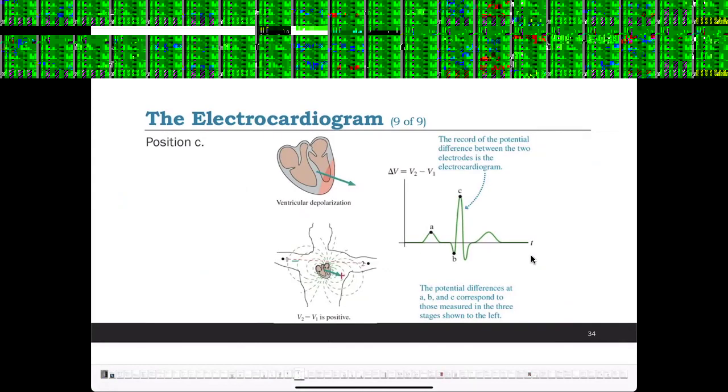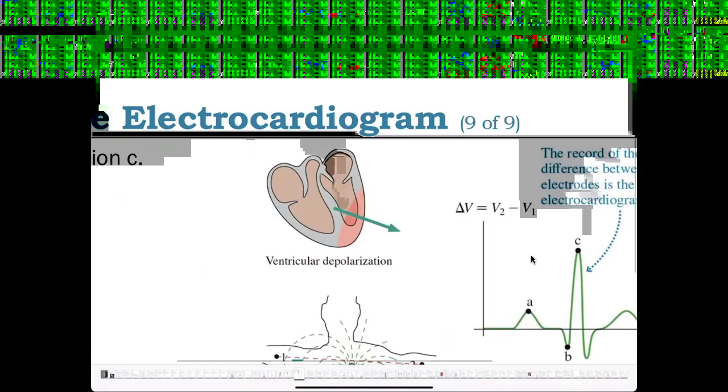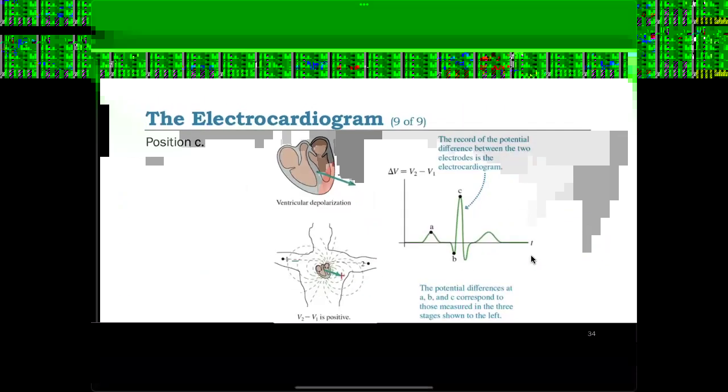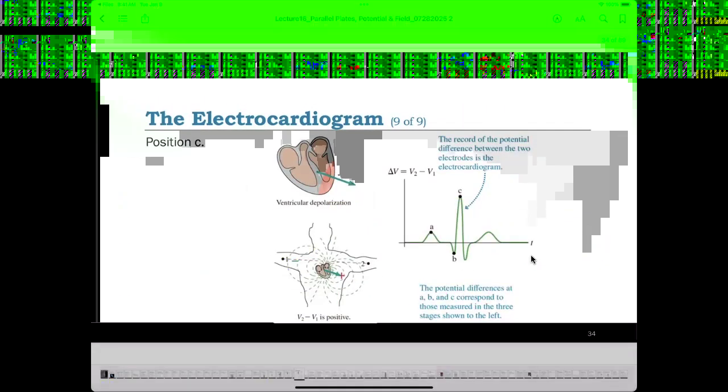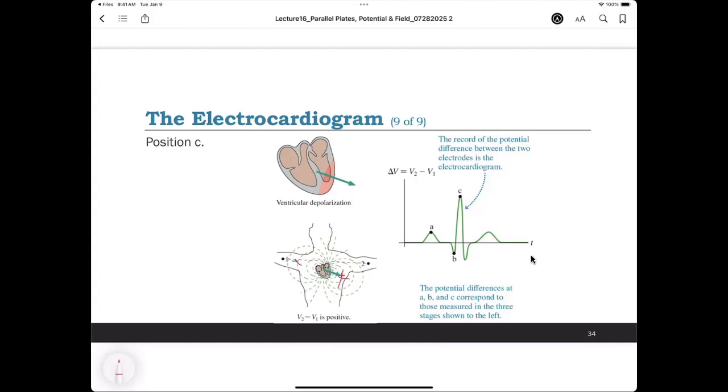And then for position C, the ventricular depolarization. Here is the positive, here is the negative, and you can see the difference between V2 and V1 is positive.